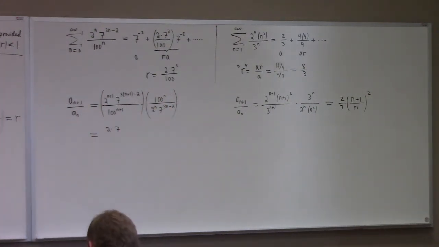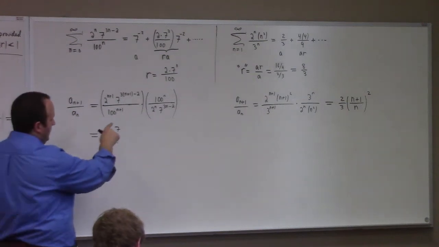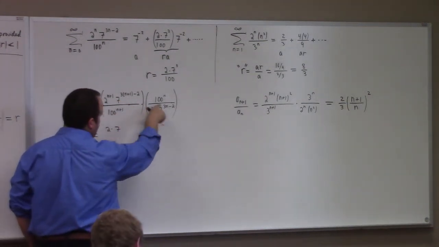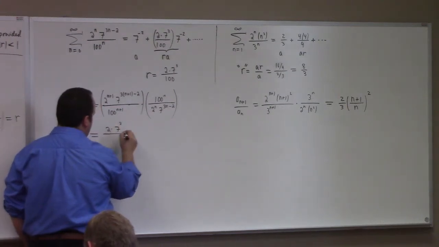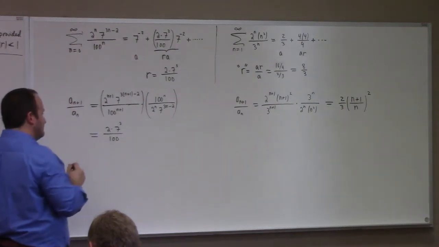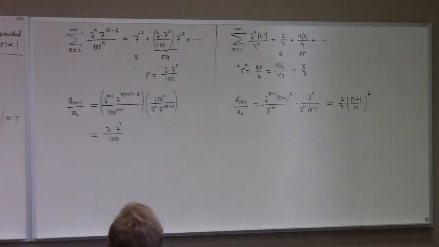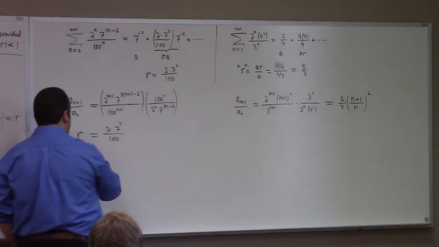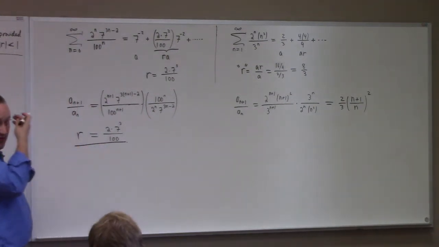That's the 149th, which is actually A. And you get what? 3n plus 1, so we get 7, looks like I get a 7 cubed. And downstairs I get 100, right? So that's the R. And it's geometric because R is independent of n.